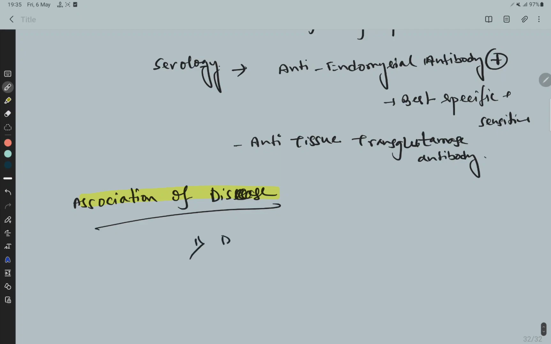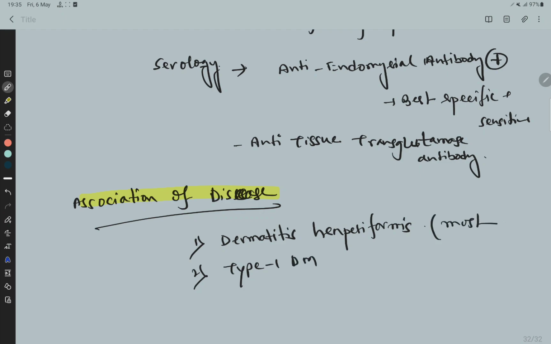Association number 1 is dermatitis herpetiformis, then type 1 diabetes mellitus, and it is the most common association, and number 3 IgA nephropathy. So these are the diseases associated with celiac disease.